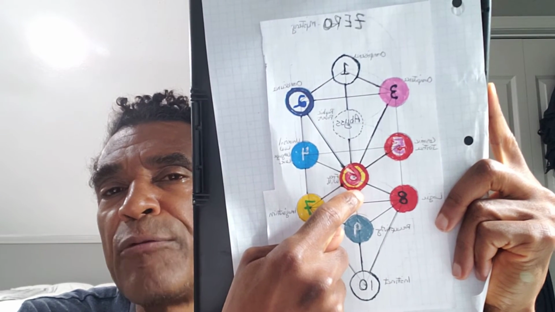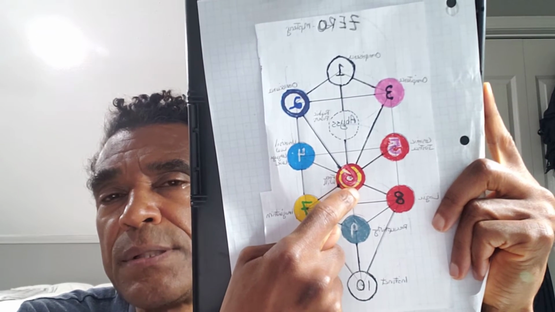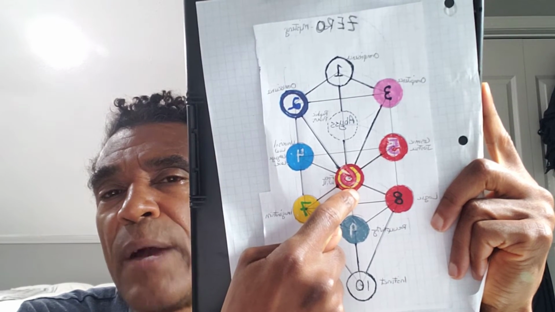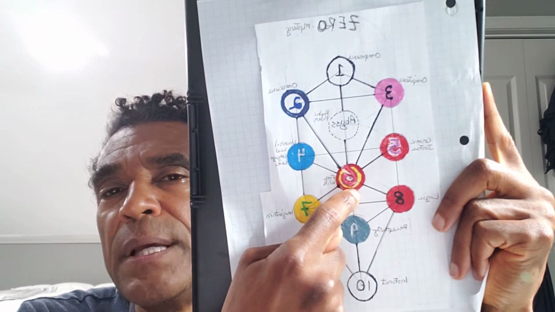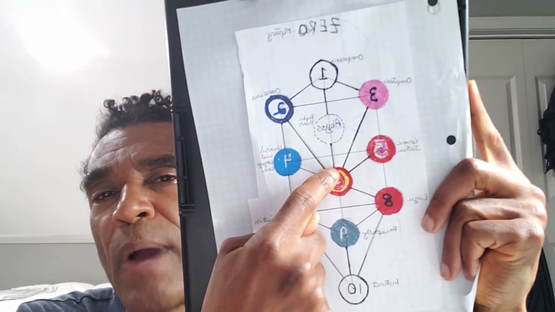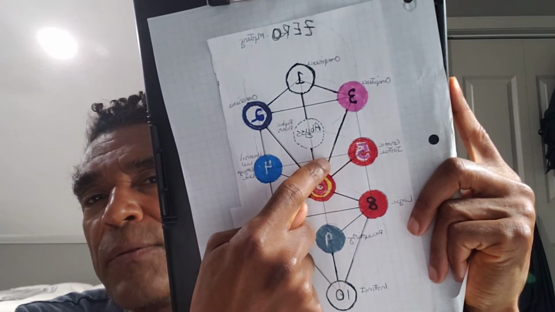But the other part of free will is our ability to make decisions. And so the first decision that we make as a spiritual aspirant is to turn ourselves around and focus our attention up the tree instead of down the tree.